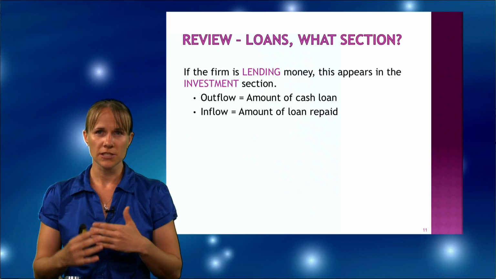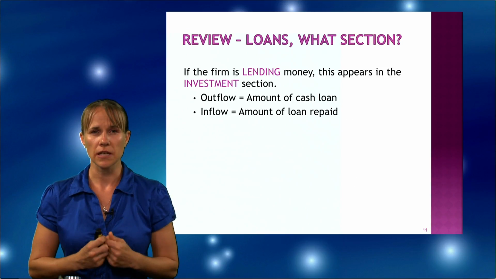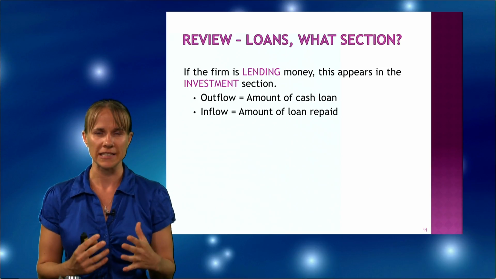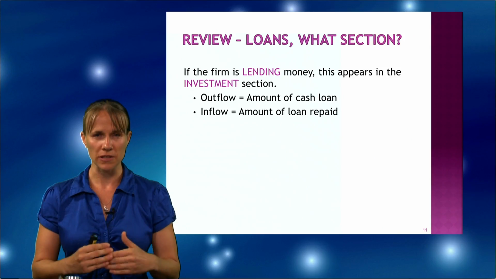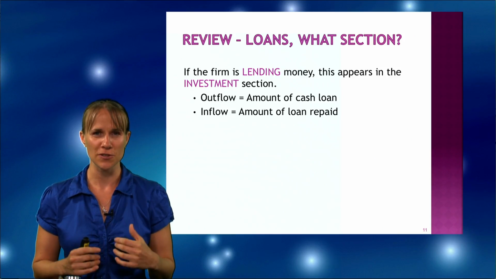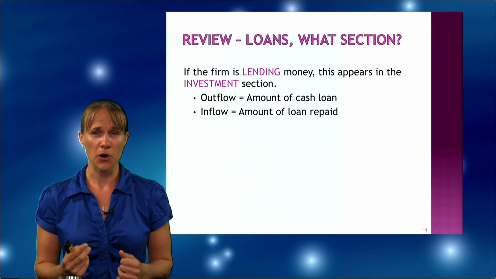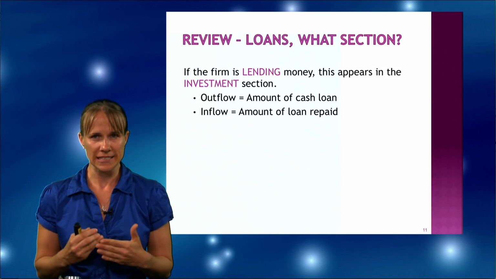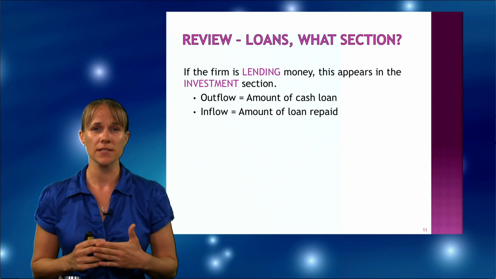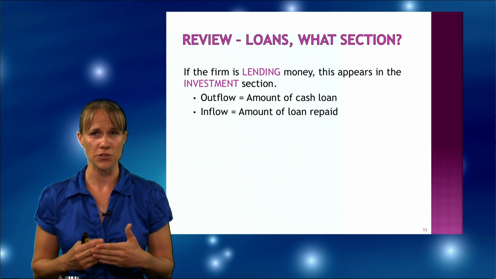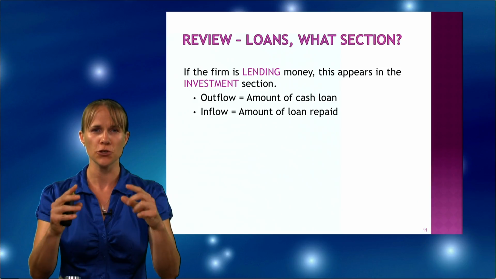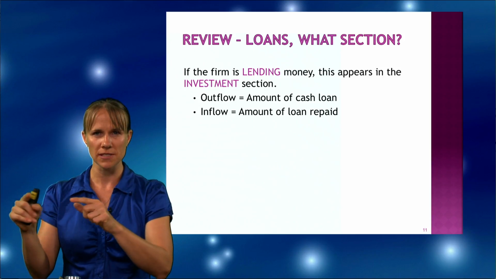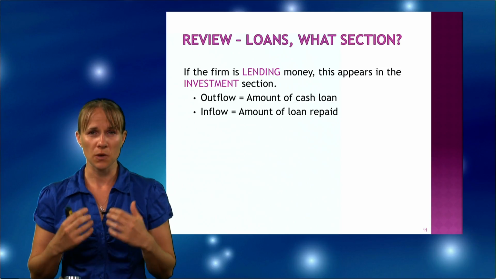So just to review here with loans, because loans can be a little bit confusing, you've just got to be very clear on who the lender is. Because who the lender is going to determine where it goes. So what section do we put a loan in? Well, if the firm is the one lending the money, then this appears in the investing section. So if you, as a business, are the one loaning money to someone else's business, you are the lender.